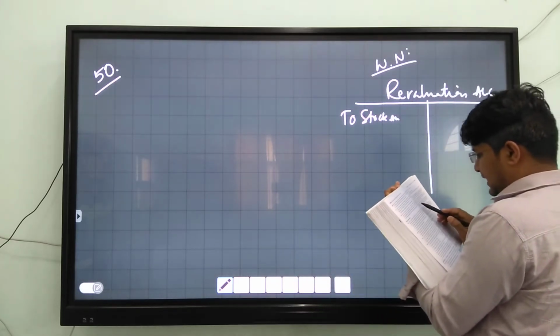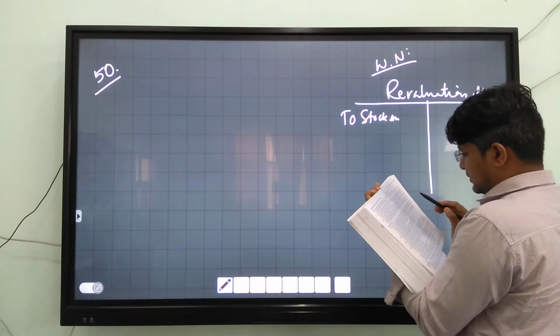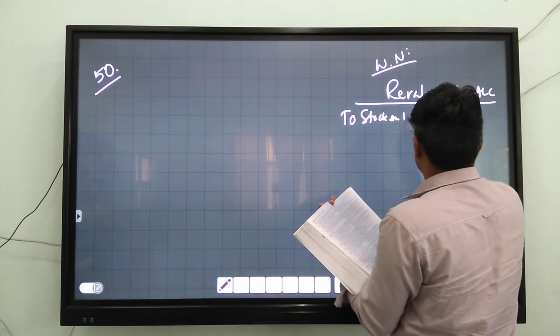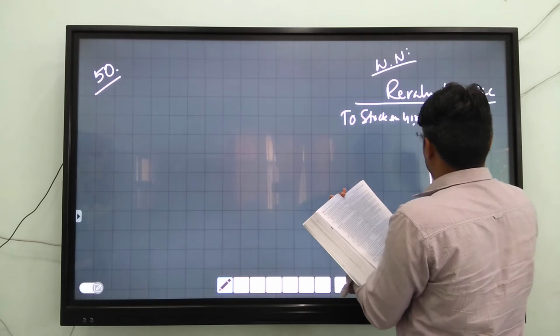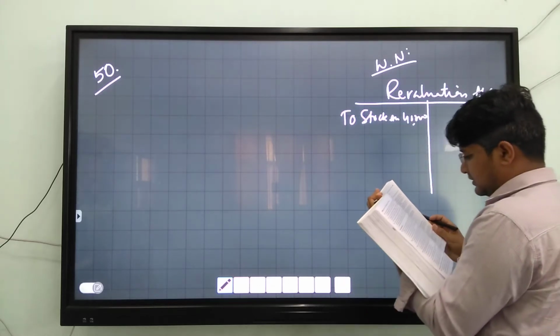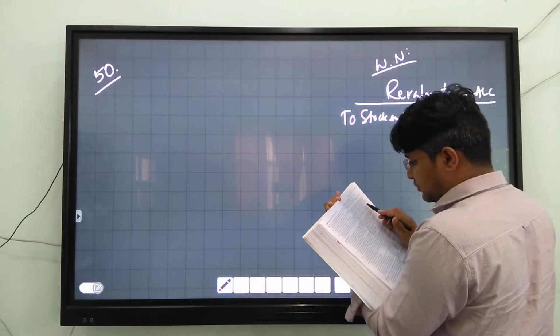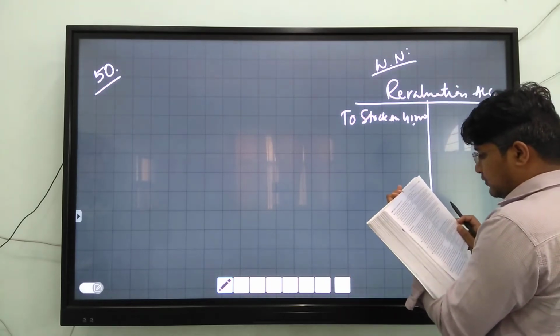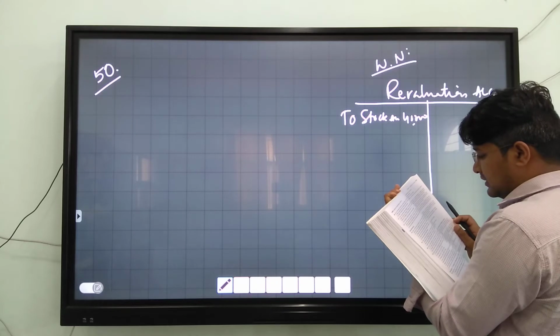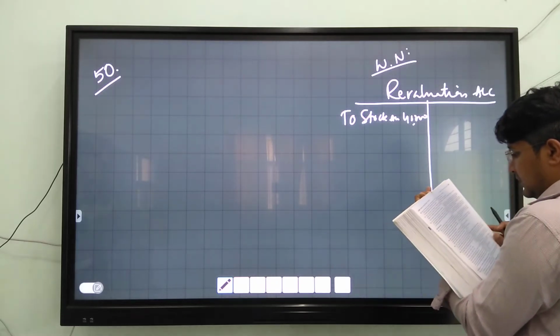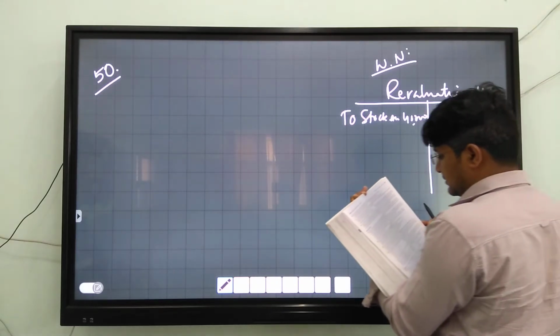Stock value is given 1 lakh. 40% of 1 lakh is 40,000. Stock is reduced by 40,000. And second point, furniture. Furniture is given 60,000. And we will calculate 40% of 60,000. That is 24,000.